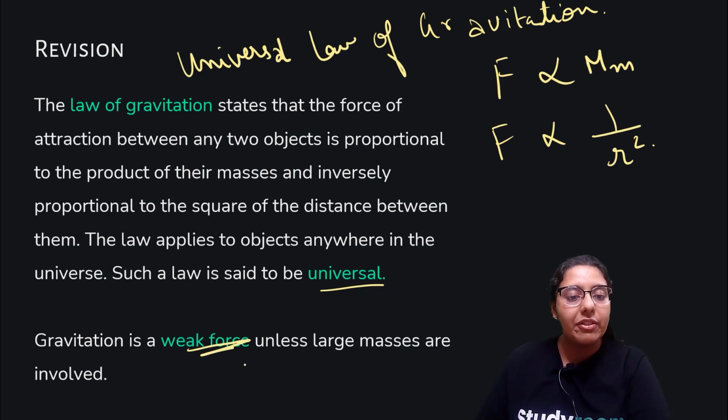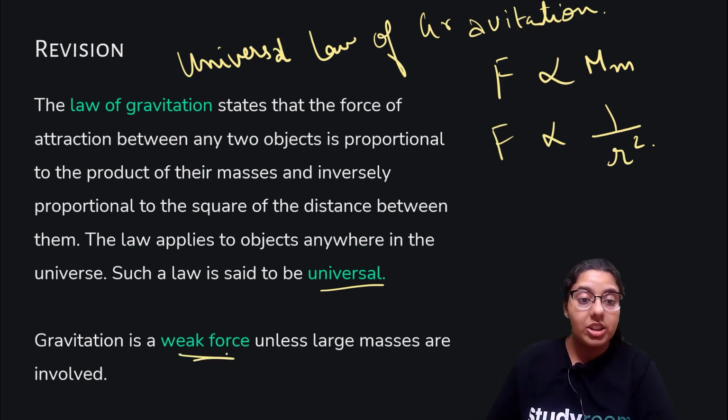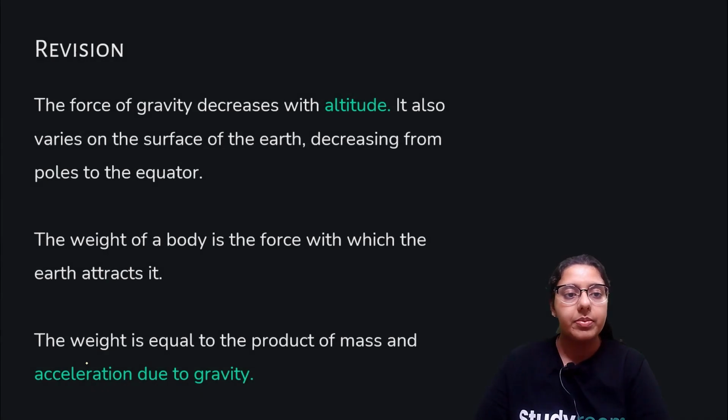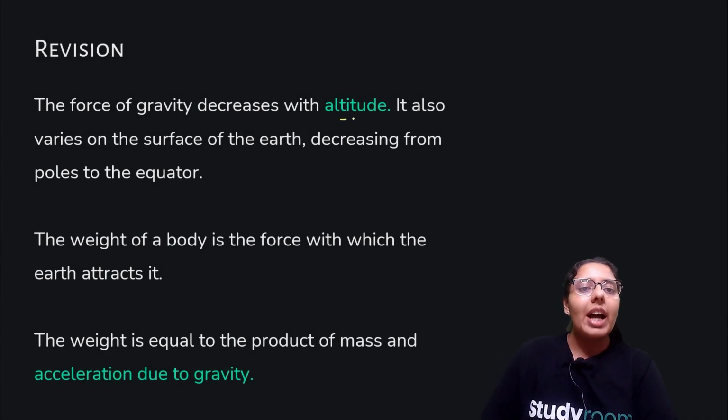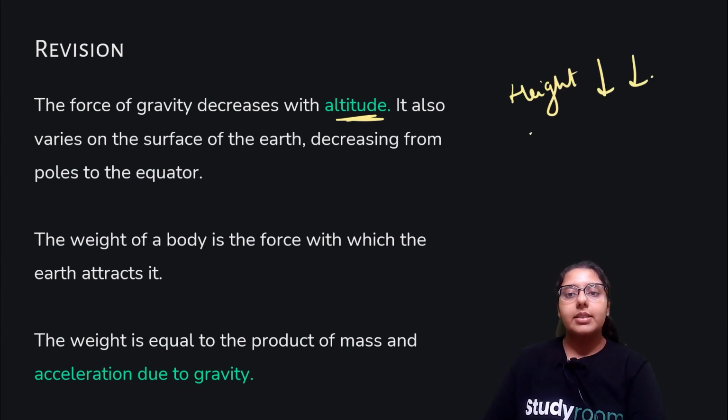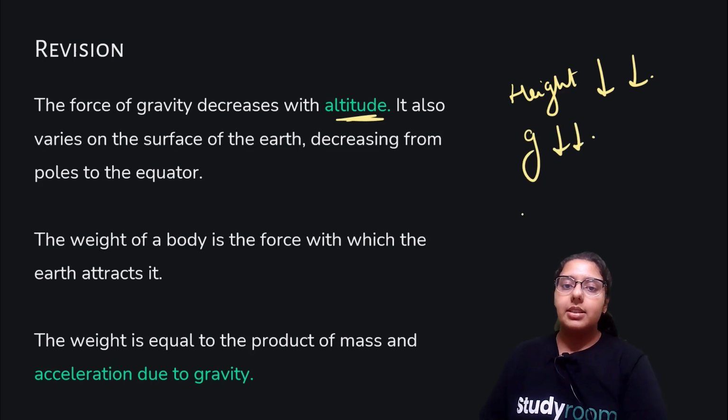Gravitation is a weak force. Okay, this is very important. Gravitation is a weak force unless large masses are involved. The force of gravity decreases with altitude. What does that mean? As your height increases, your g decreases.